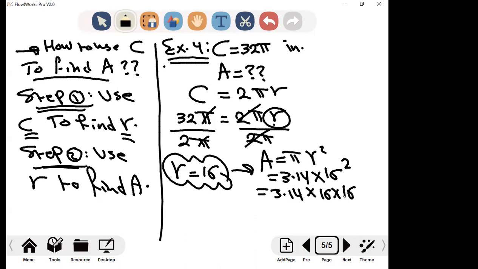Multiply these three numbers together, the answer will be 803.84. What's the unit? Inches power 2.